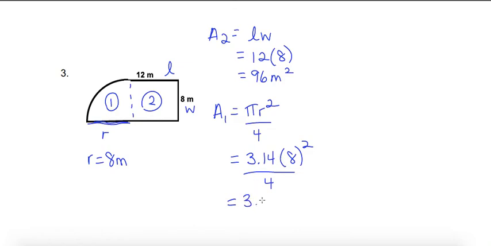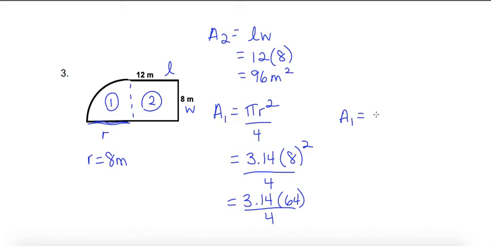I'm going to follow the order of operations, so I have to do what's in my brackets first, so my exponents first. So 8 squared is the same as 8 times 8, or 64. I'm going to divide this by 4. I'm going to finish my calculations up over here on the side. So I have 3.14 times 64, so I'm going to simplify the numerator first.